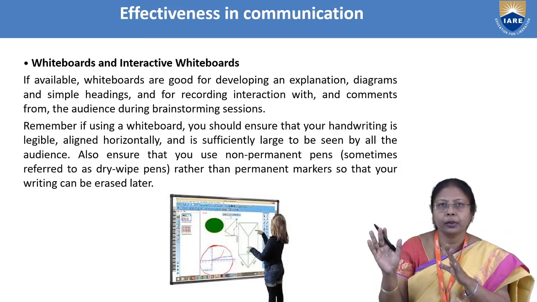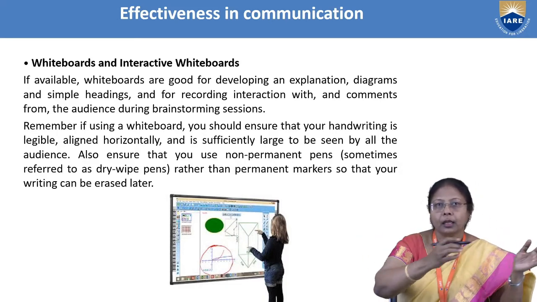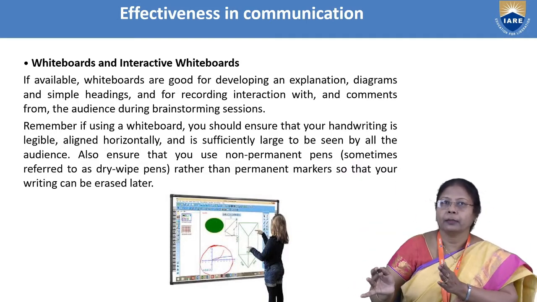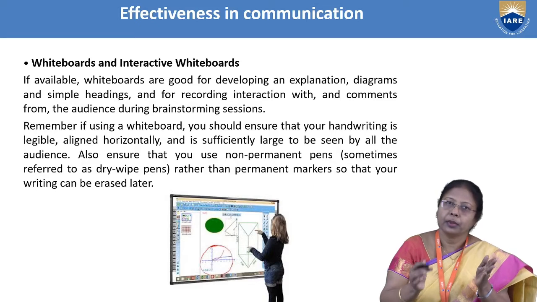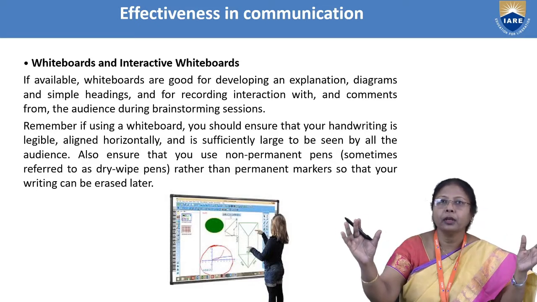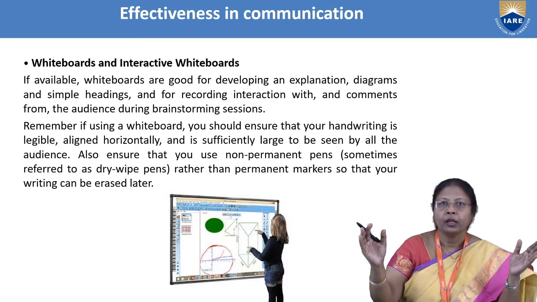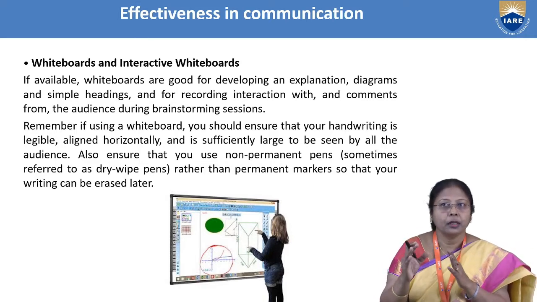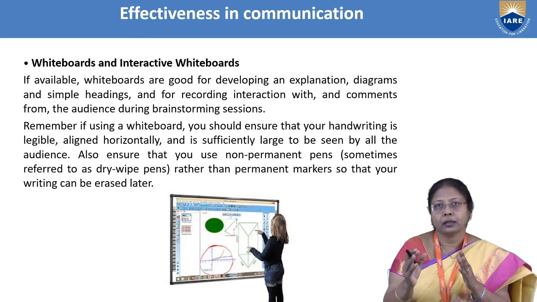Many people, when they write on the whiteboard, start from here and just keep going upward in this way. But your handwriting must be legible, alignment should be horizontal, and it should be sufficiently large to be seen by all the audience.